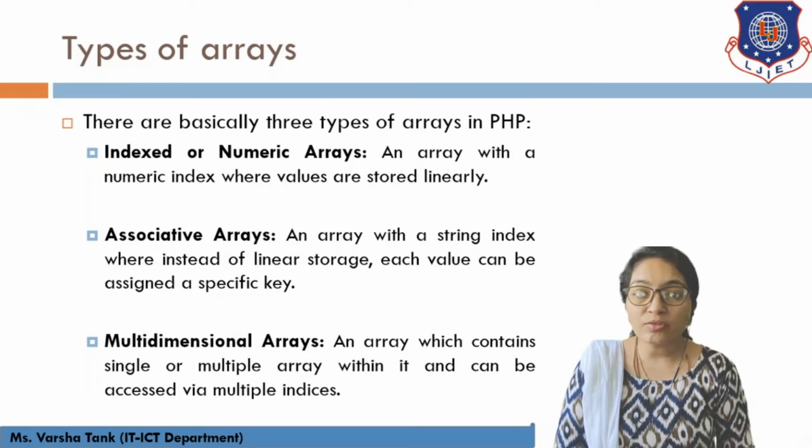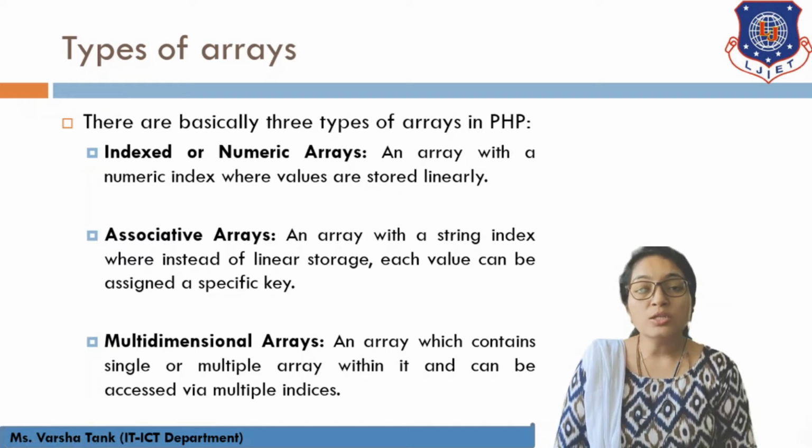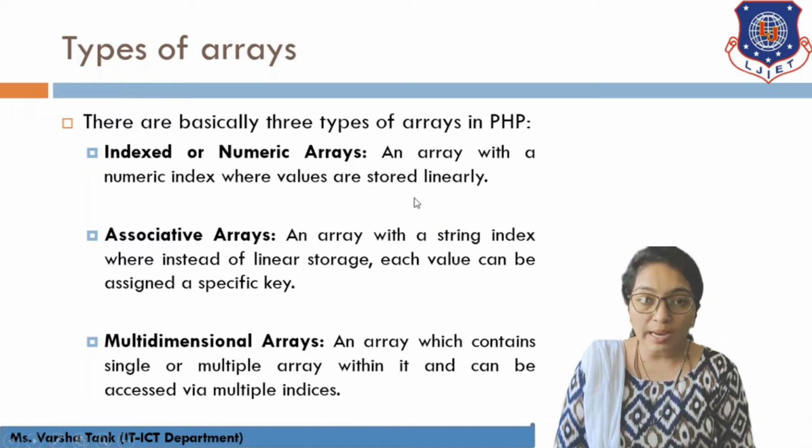Basically there are three types of array. First is the indexed or numeric array, that means an array with a numeric index where values are stored linearly. Whenever an array is created, it assigns one index to each and every element stored in the array, a numeric index starting from 0.